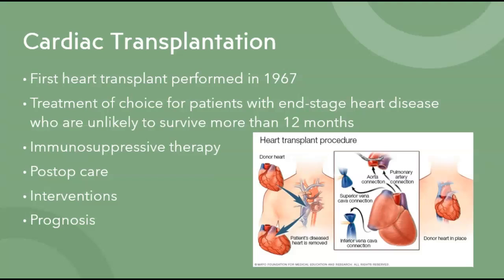Interventions, primary intervention is going to be prevention of infection because that patient is already immunocompromised. Usually if the patient has an infection, it's going to be that leading cause of death after transplant. You want to provide emotional support, definitely a lot of teaching, promote the patient to adapt to this transplant process. You want to help relieve any kind of symptoms they're having.